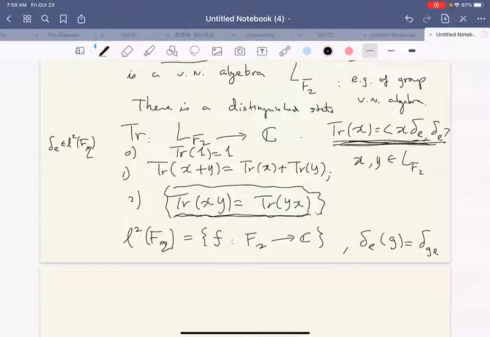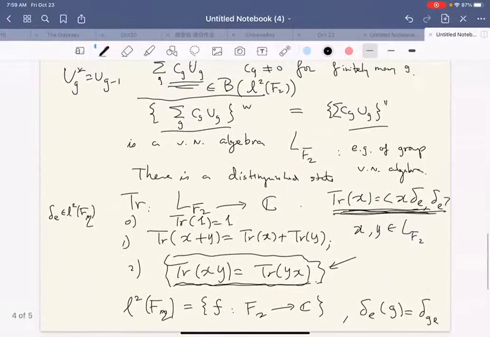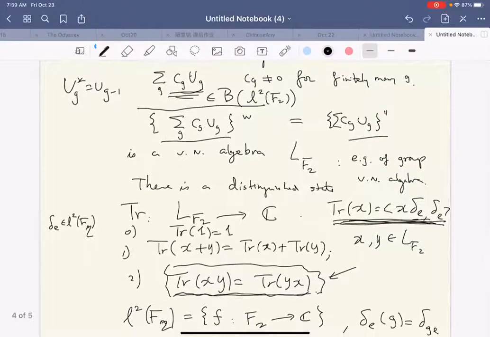This is a really easy exercise to check the tracial property. I have given you everything, the definition, and it's pretty straightforward: you just take elements of this form and check.